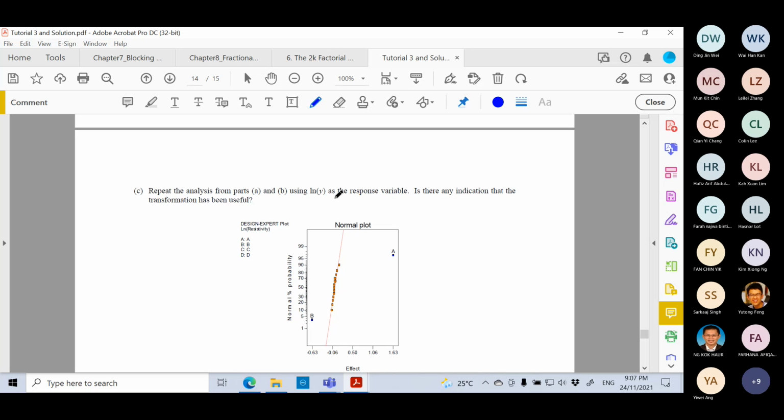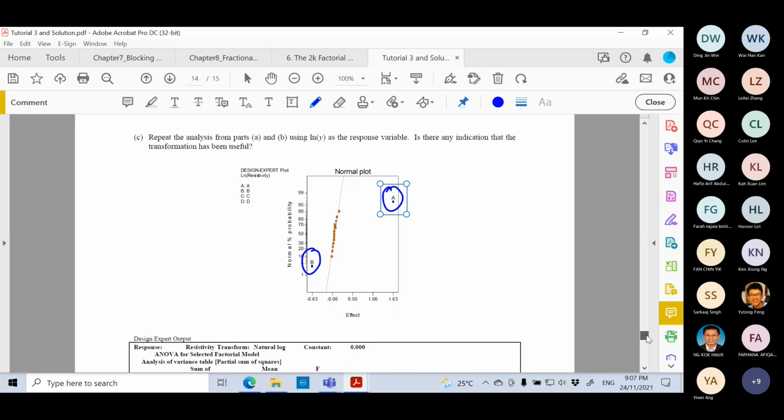So after performing the log transformation, you can see in the normal probability plot we only identify 2, compared to just now, the 3. They only have 2 important factors. So based on the transformed data, we double check the residuals of the model.